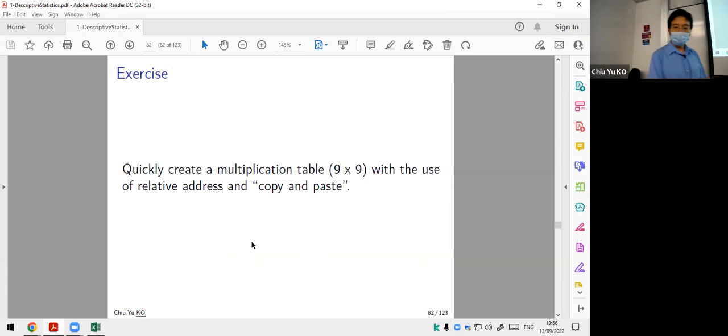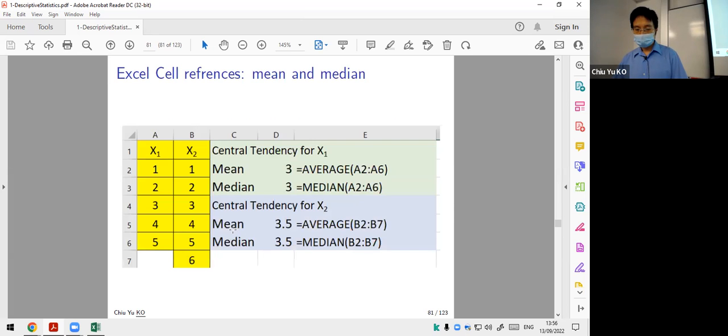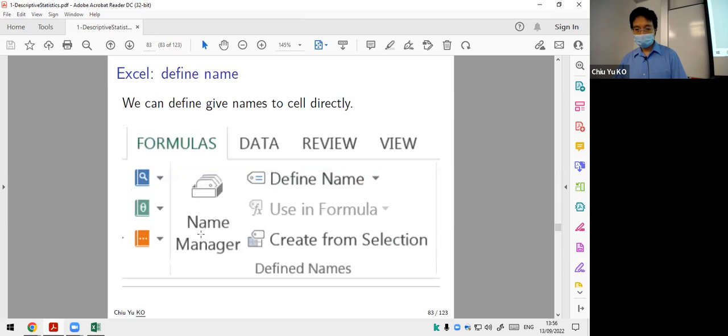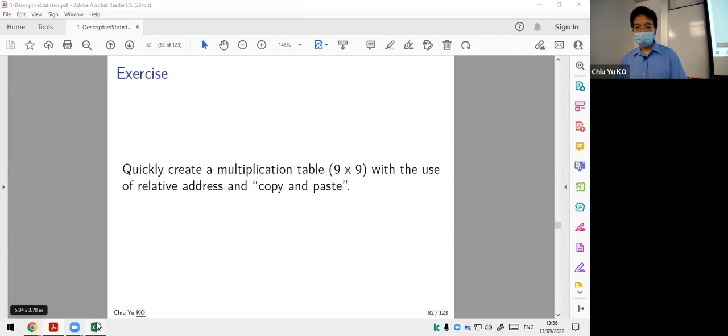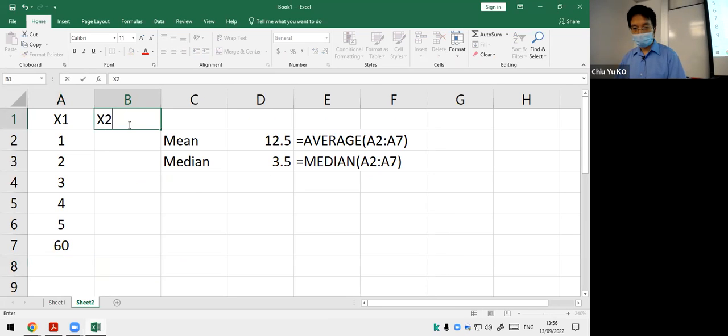Okay, now maybe I can spend 4 minutes to talk about relative address. I didn't talk about that. Here I want to talk about what is a good thing about relative address.